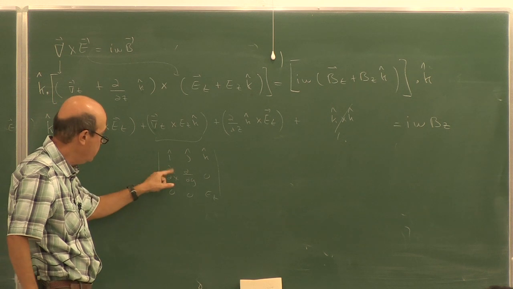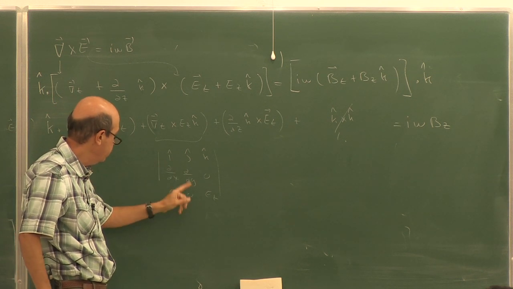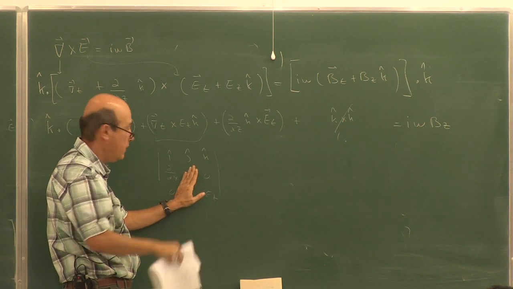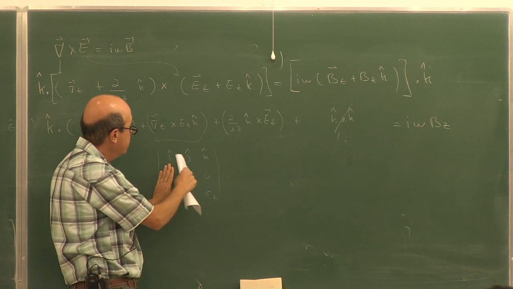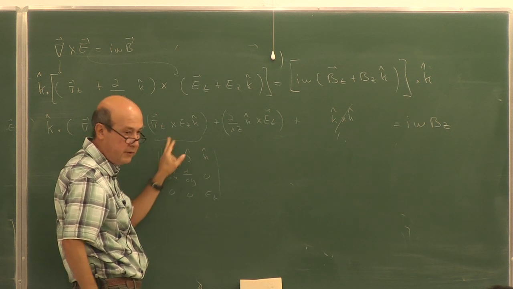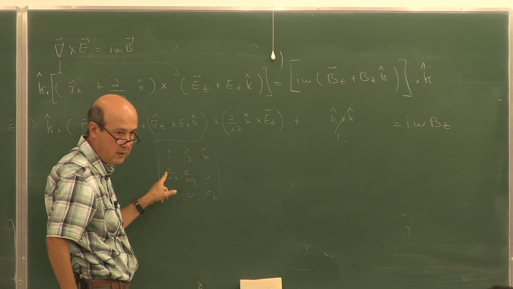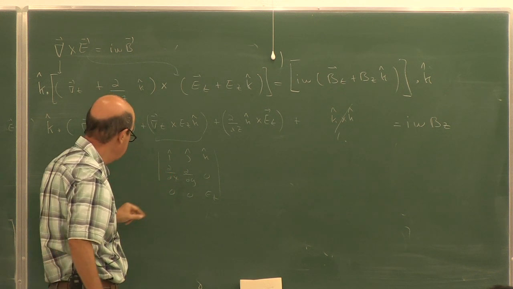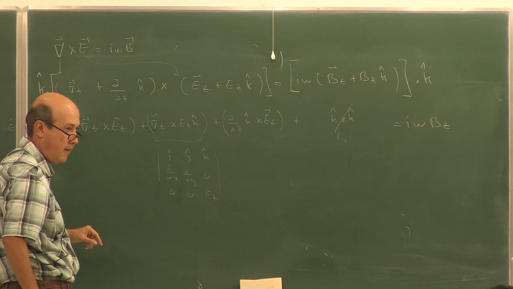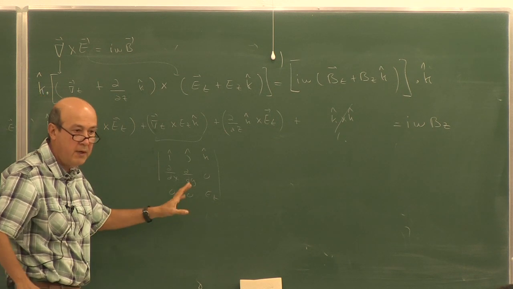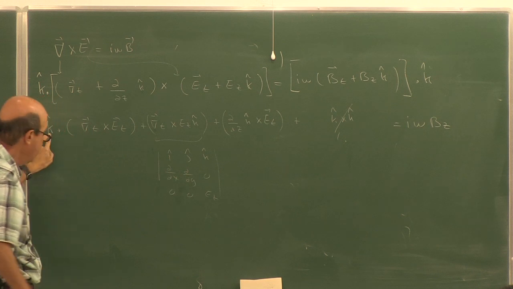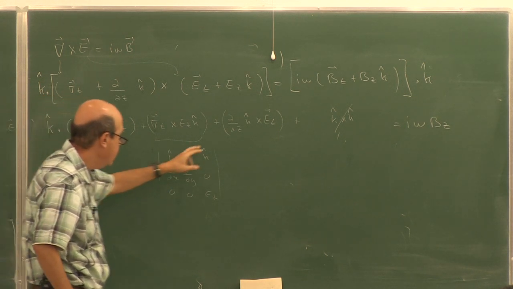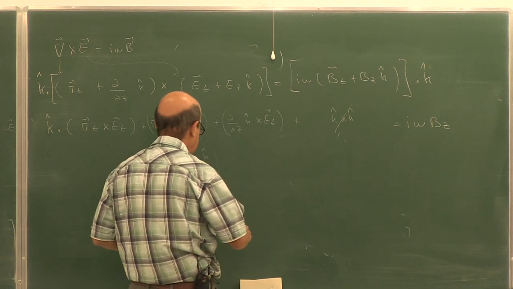Which terms will survive? I will survive, and J will survive. So all together, what will be the direction? In the xy plane, ij, and the scalar product with k will be 0.